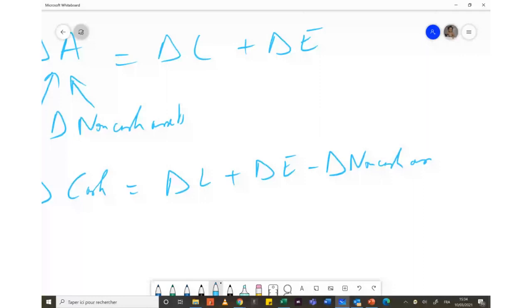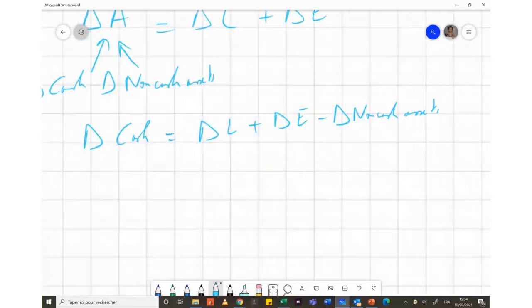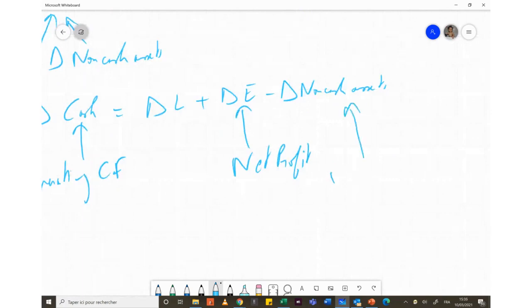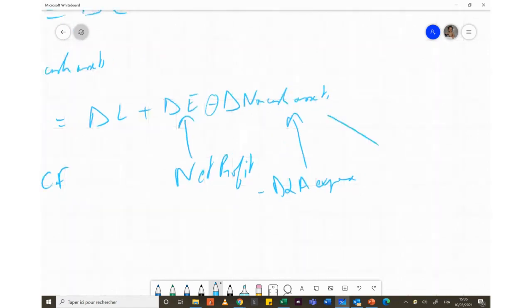We put on the other side. The change in the equity here for the operating cash flow is the net profit. The change in non-current, non-cash assets is the D&A expense. But it's a minus because it's a reduction, okay? Reduction in the value, so it's plus. So minus, but we have the minus before. And we have all the change in current operating assets.